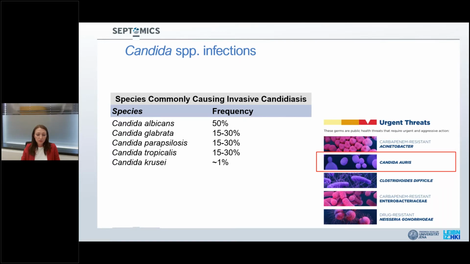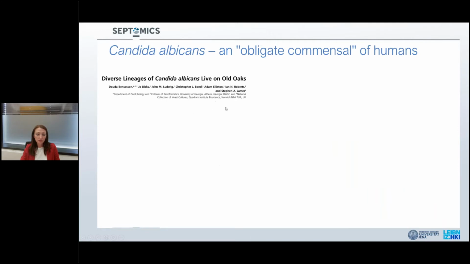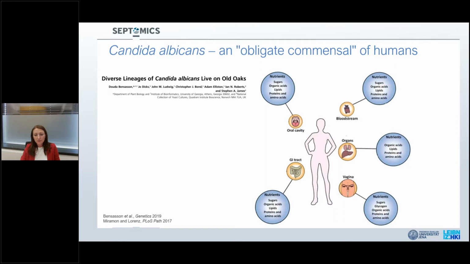What we know about Candida albicans is that it lacks an environmental reservoir, although sometimes it's found on plant-based substrates, such as in this report on oak trees. But normally it's very tightly associated with warm-blooded mammals, and especially the female host, where it can inhabit a variety of host niches that present this fungus with diverse environmental conditions, including different nutrient conditions.